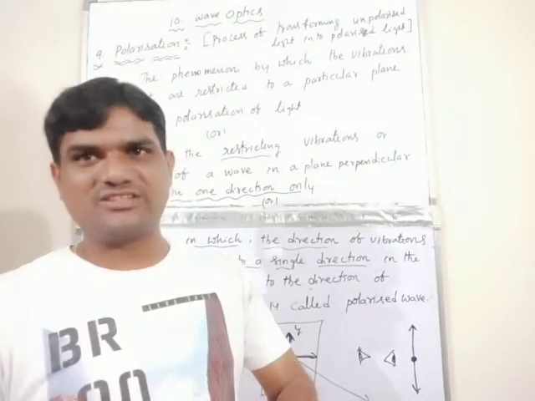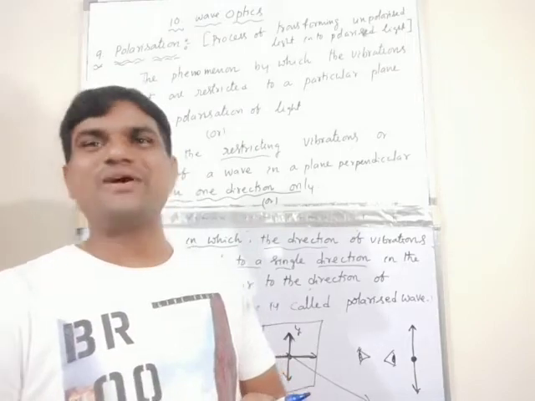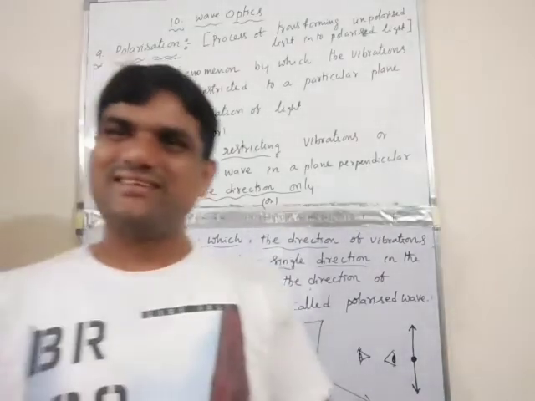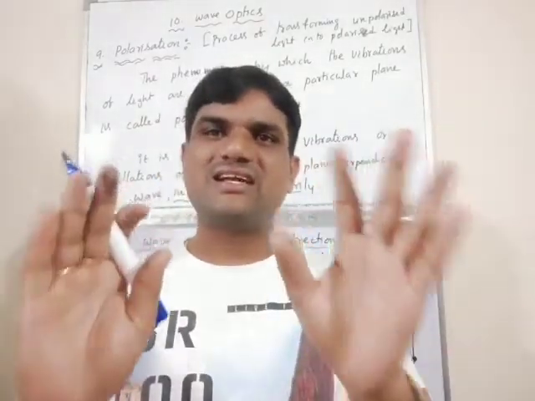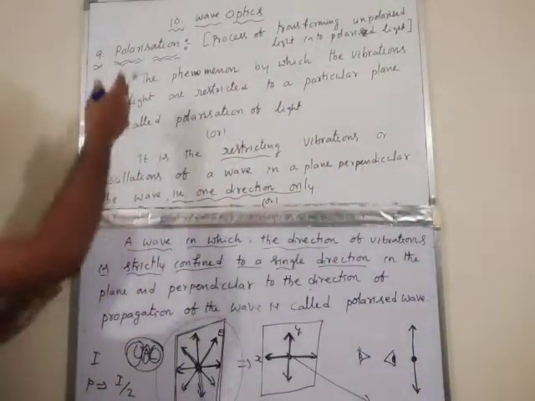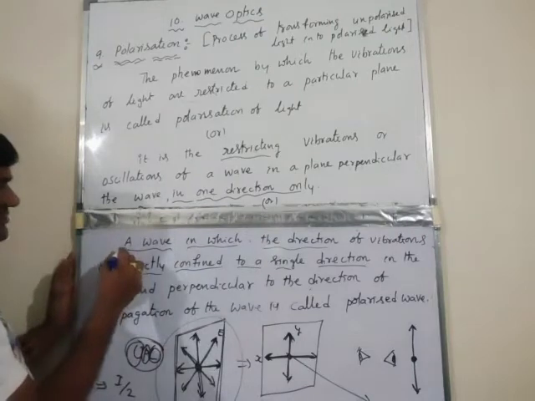We want to convert unpolarized light into it. Then what is the meaning of polarized light? Polarized light is nothing but, so many definitions I have given. This is the easy definition you can see here.